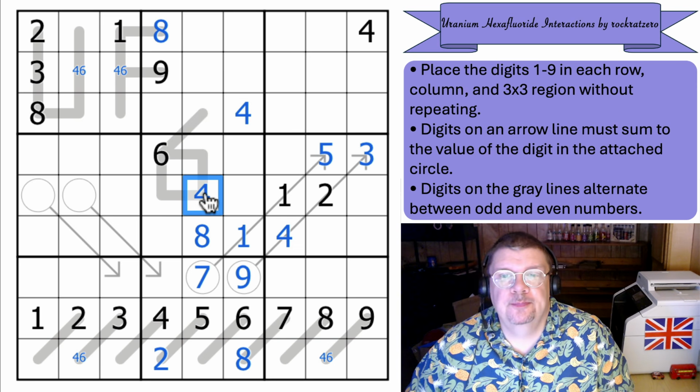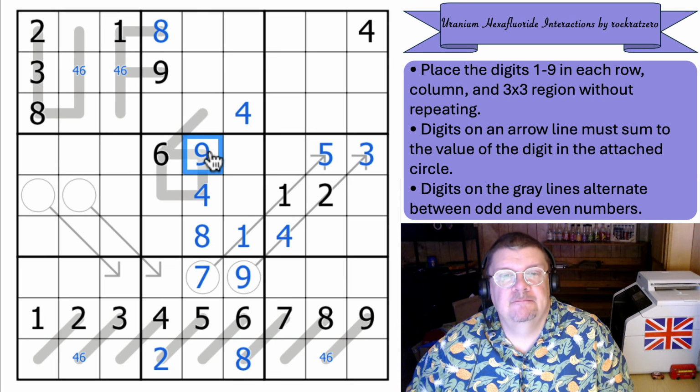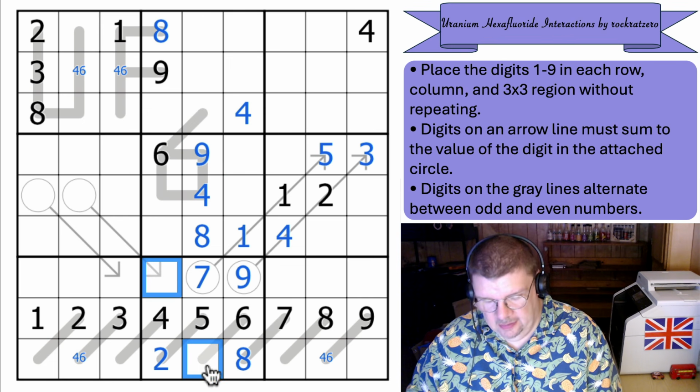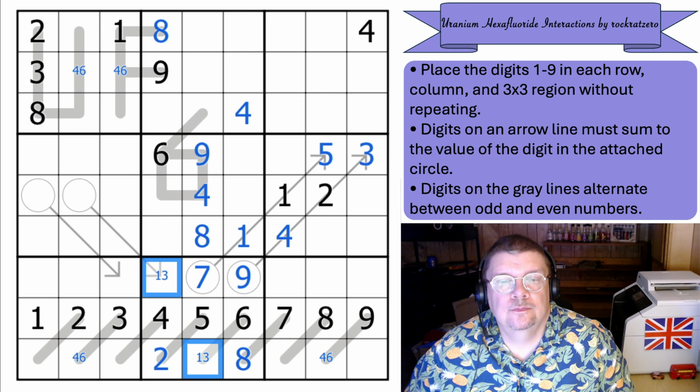That's a 4. 9 is looking down there and up there, so that's a 9. That is a 1-3 pair by the box.